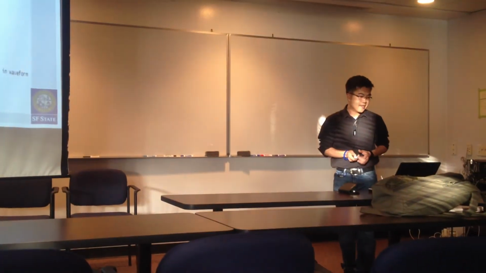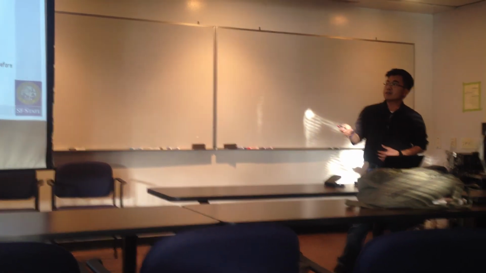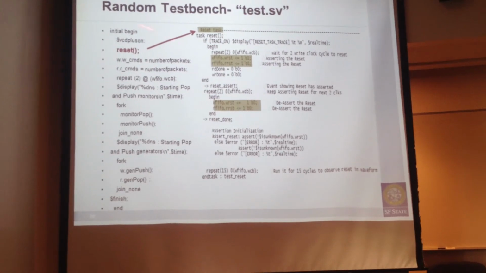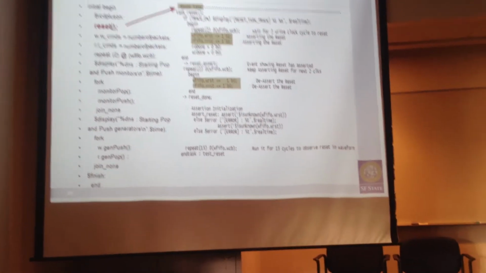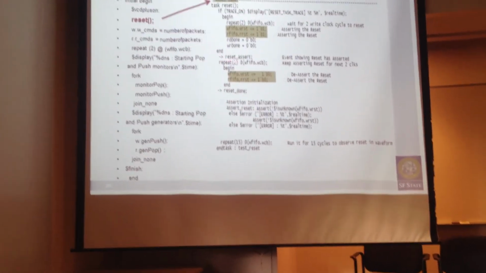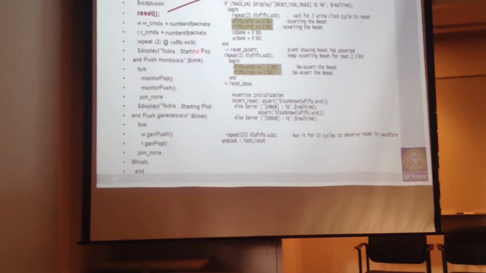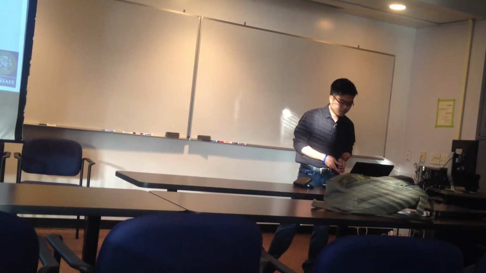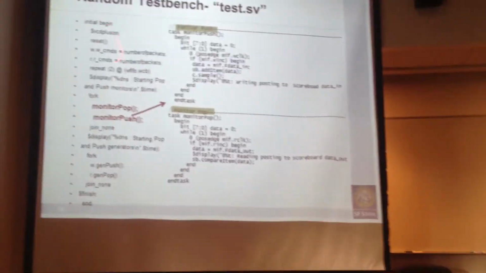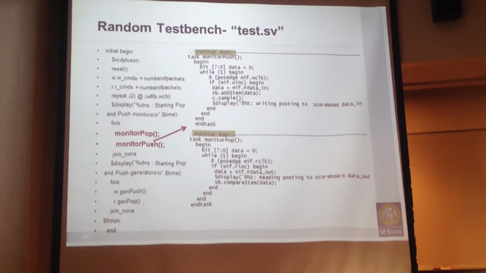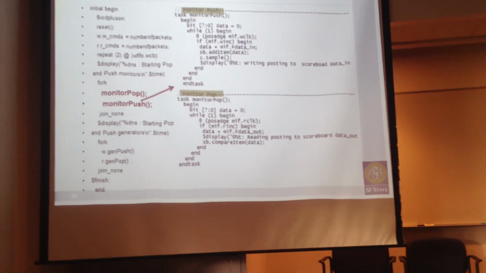And this is the main part of the random testbed. The first thing we can see is the reset. Reset sends the reset signal to reset the device under test to put it in the initial condition, and after a few clock cycles I turn off the reset signal. First I turn on the monitor pop action and the monitor push action.